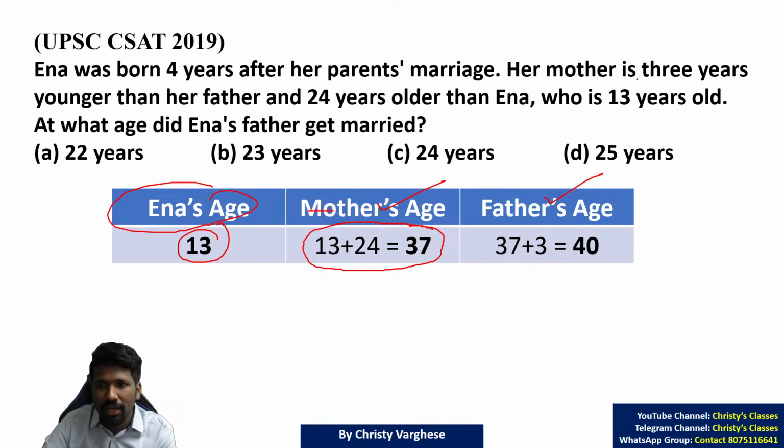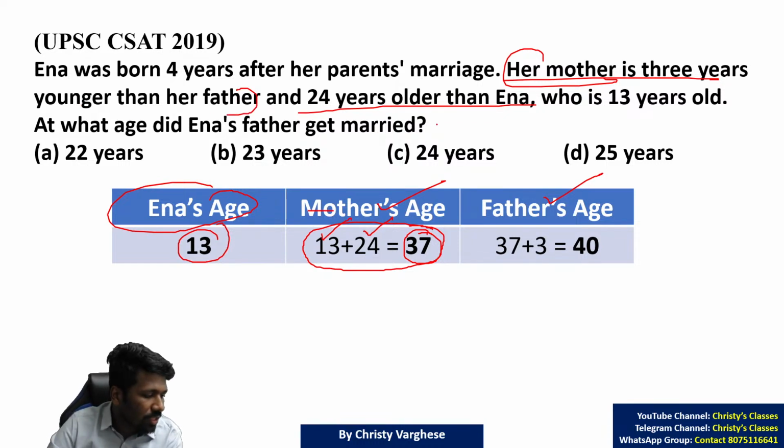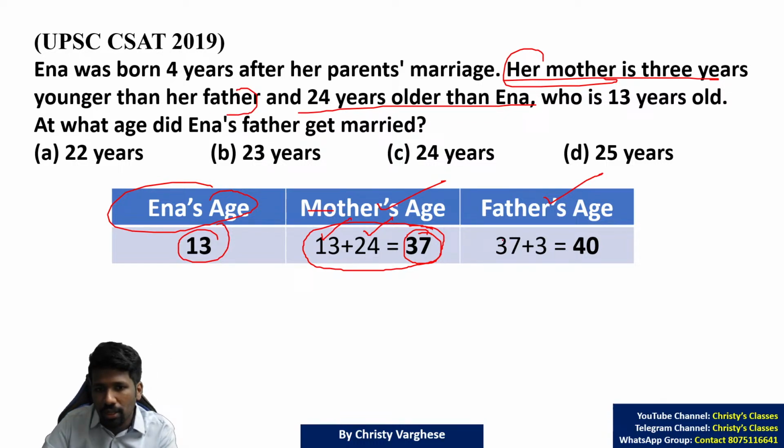So 13 plus 24, 37 years old is her mother. And her mother is 3 years younger than her father, which means father is 3 years older. That means the 37-year-old mother, 3 years older, gives a 40-year-old father. So these are the present ages of Ina, Ina's mother and Ina's father respectively.